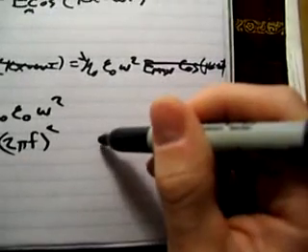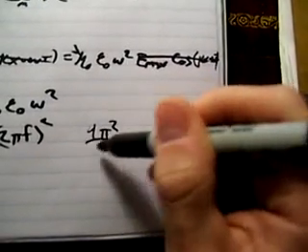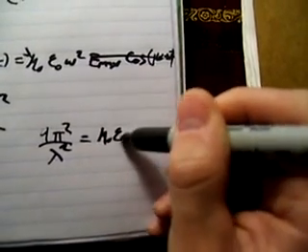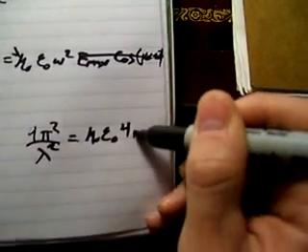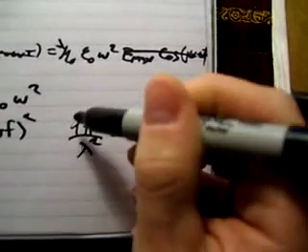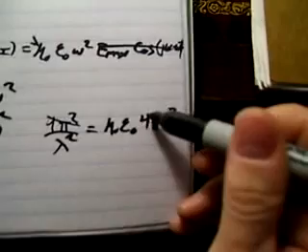So that ends up being 4 pi squared over lambda squared. The 4 pi squared is going to go away.